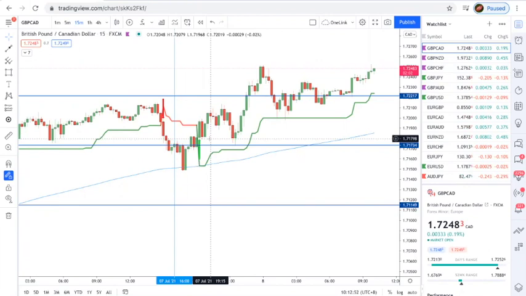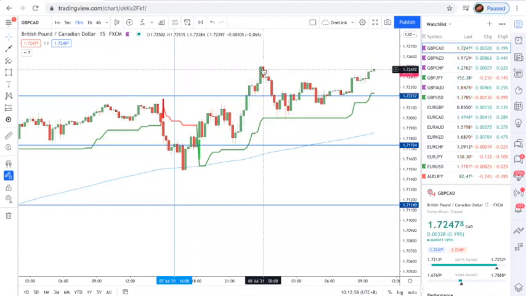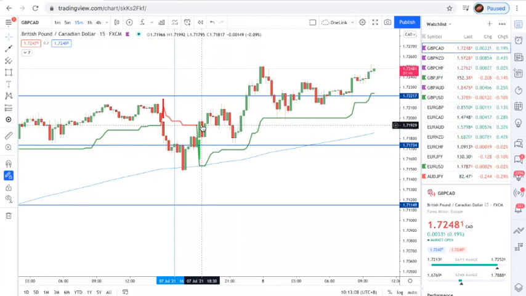Even if you enter buy here, you still achieve some profit. If you lose the opportunity, don't worry, there's another pair we can look at. Then we got a buy.